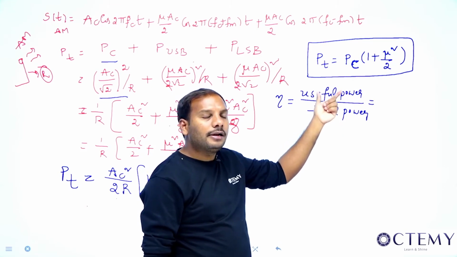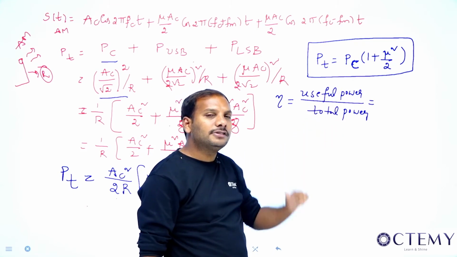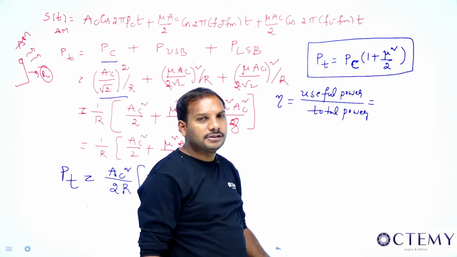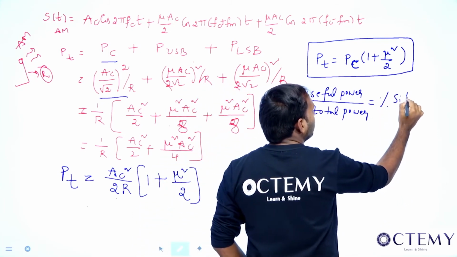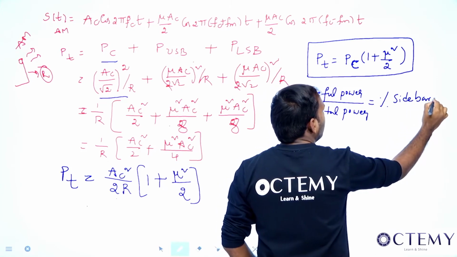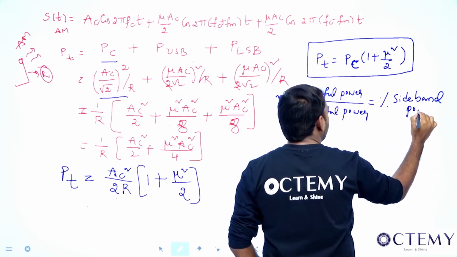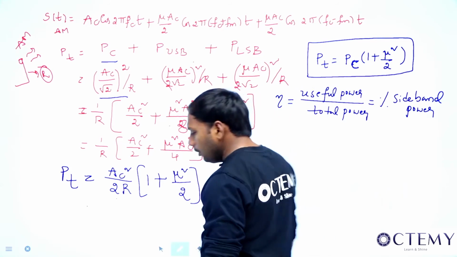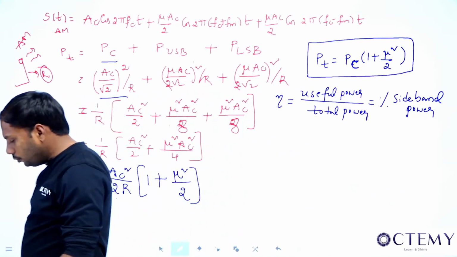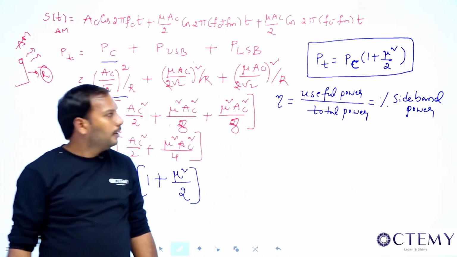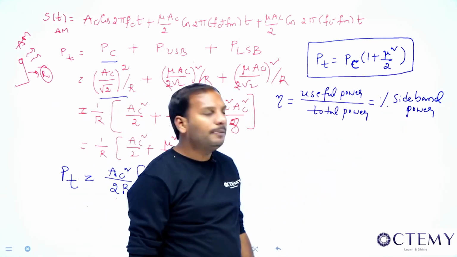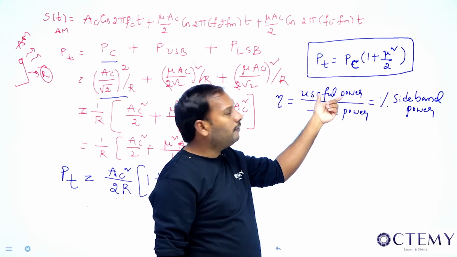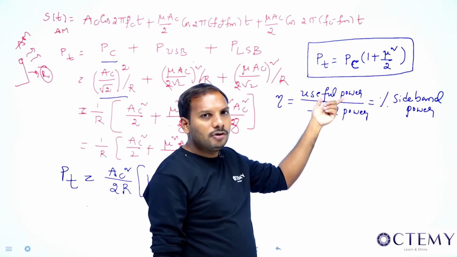Can't I write this as the percentage of sideband power? Yes, you can write. This is another terminology you can use in representing the efficiency. Efficiency means percentage of sideband power, which is equal to useful power.